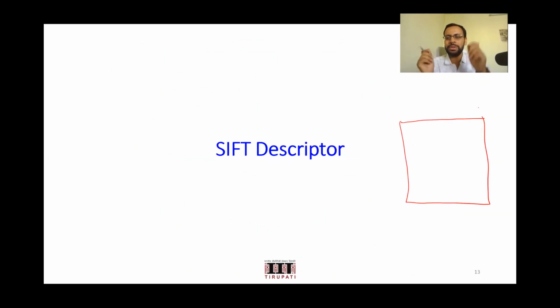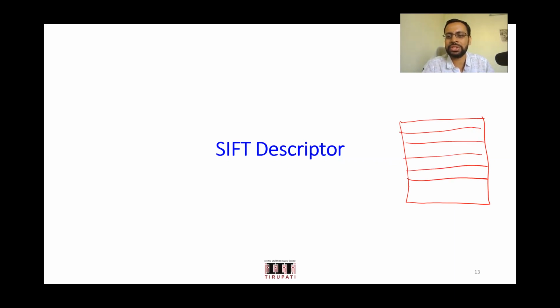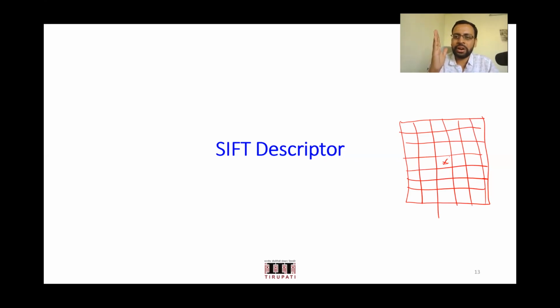This is, for example, a patch that you have aligned with the new north, where the new north is the dominant direction. So this is your key point. By the way, another thing it does is normalize all these patches to one particular scale.